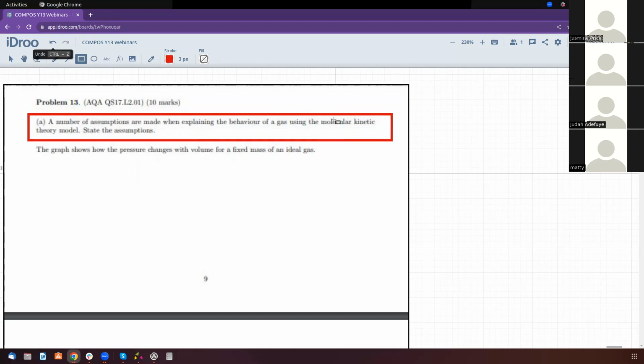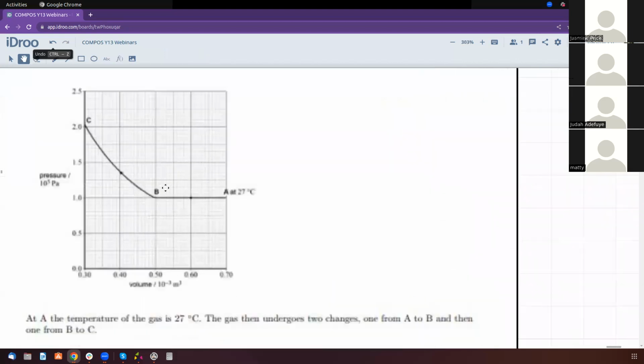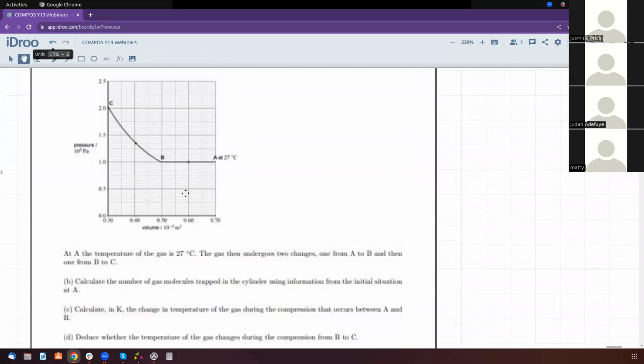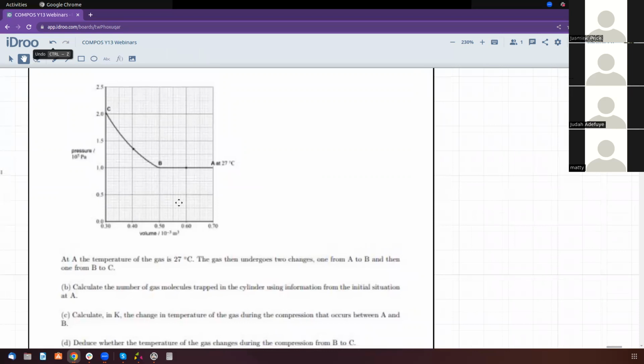The graph shows how the pressure changes with the volume for a fixed mass of ideal gas. So these diagrams, at school, you're told that what you're doing is called thermodynamics. Unfortunately, it is not. Thermodynamics has to do with the energy of a gas, and you don't do that.